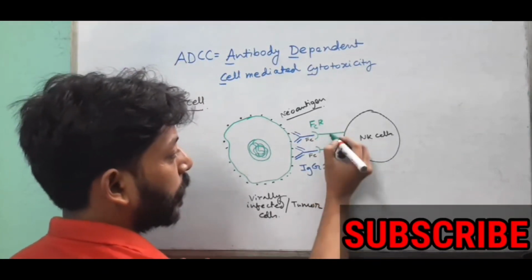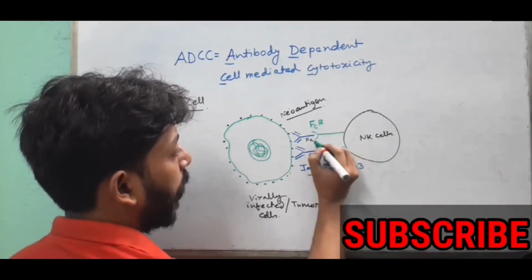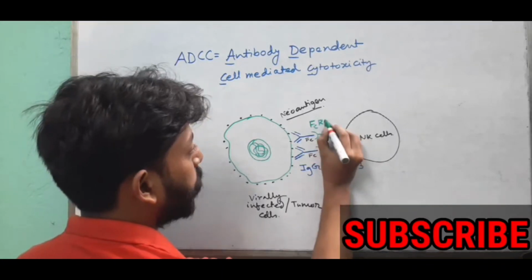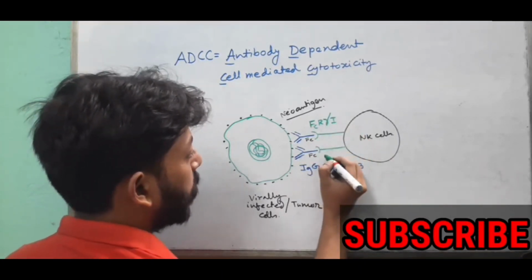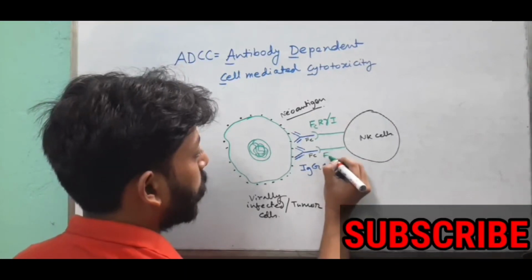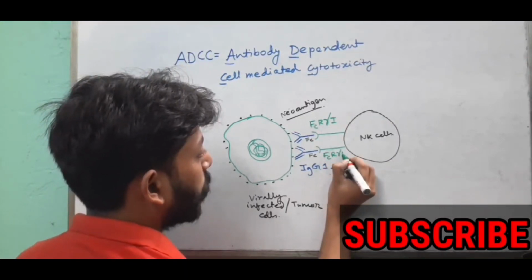If this receptor is against the IgG1, the receptor is called Fc gamma 1, or if this receptor is against the IgG3, it is called Fc gamma 3.